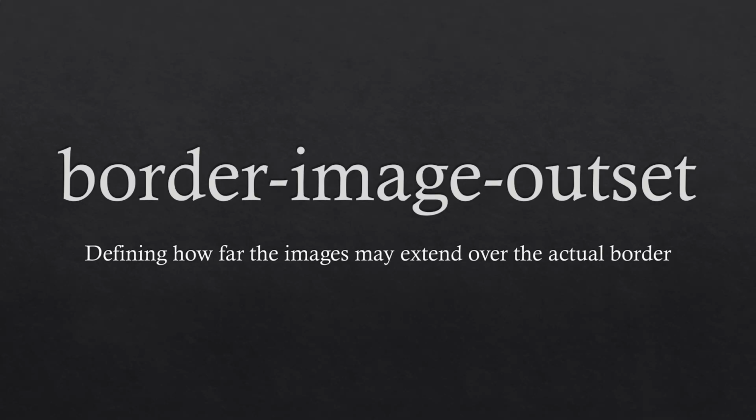To change that, we can use the border-image-outset property. This lets us specify how far the border images can extend beyond the edge of the actual border. And of course, we can specify 1 to 4 values here again, in order to define it either the same for all sides or individually for the individual sides.